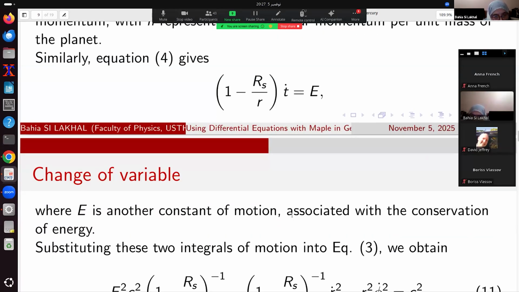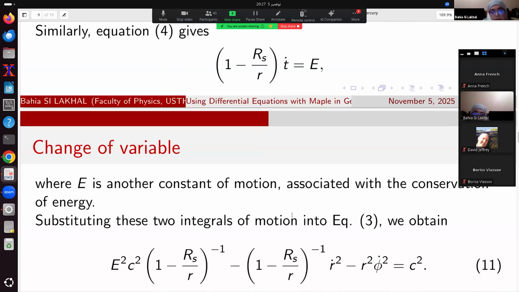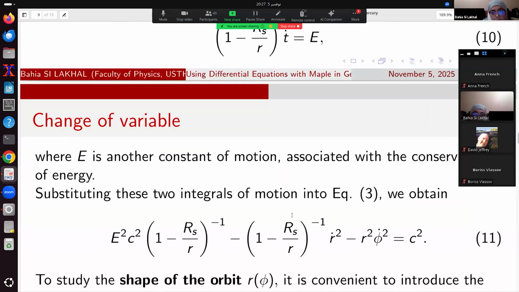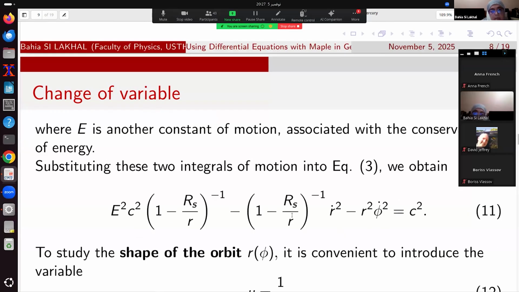By substituting these two integrals of motion into our equation, we obtain this following equation, which depends on r and phi, where r_s is the Schwarzschild radius.